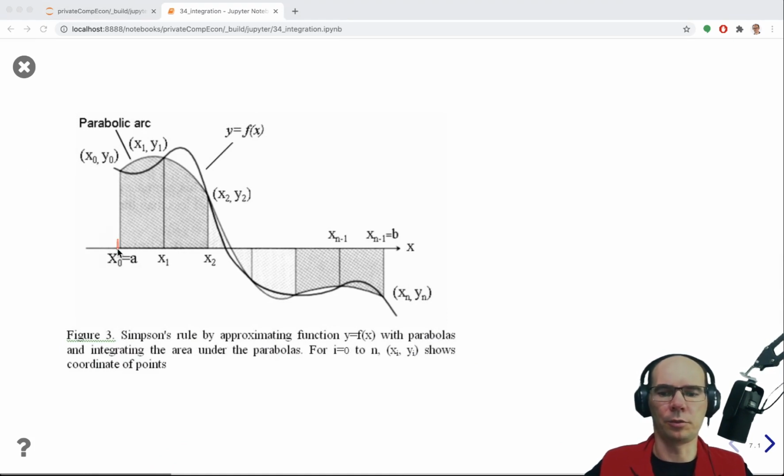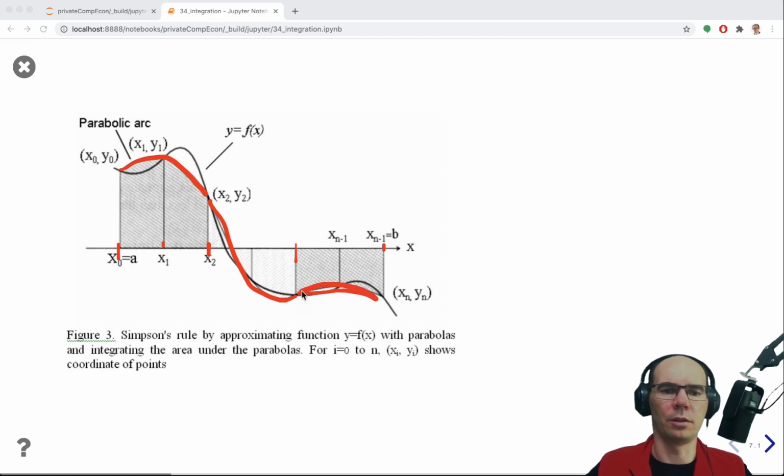We have an interval from A to B, A here and B here. We have some nodes, and for every 3 nodes, we compute this approximating parabola and calculate the area under this parabola, or integrate this parabola. This is the approximation of the next 3 points. The next 3 points give us this.